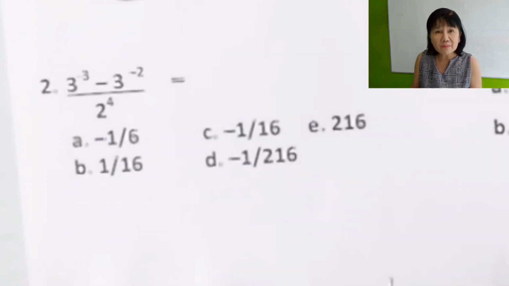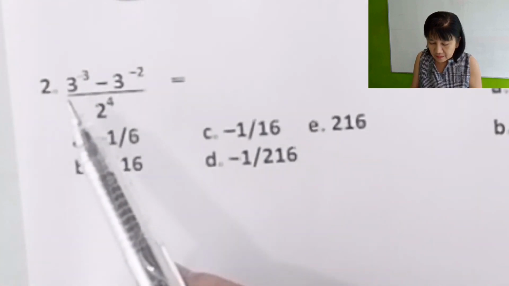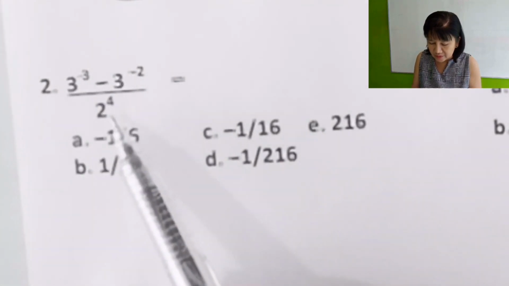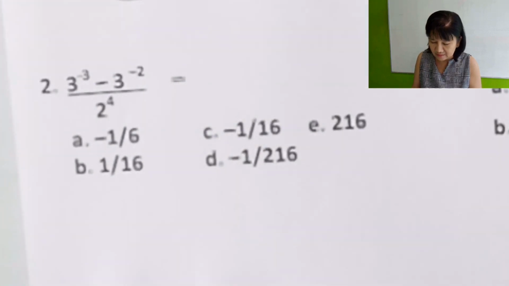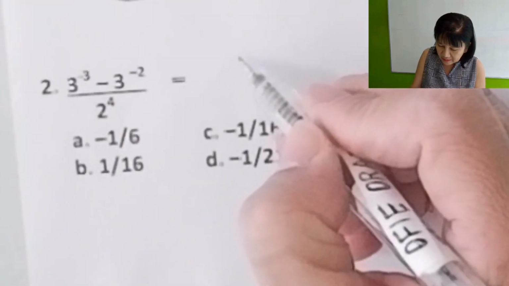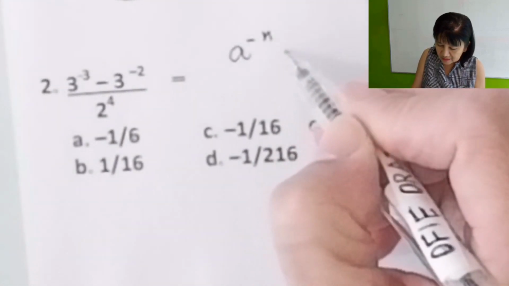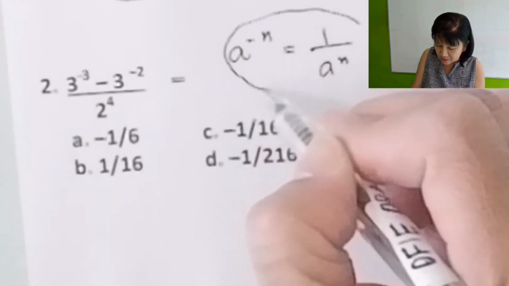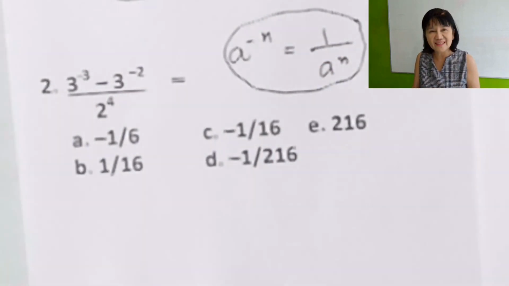Okay, problem number 2. 3 to the negative 3 minus 3 to the negative 2 all over 2 to the 4th is equal to what? We have to recall that a to the negative n is equal to 1 over a to the n. You learned this when you were in grade 7.